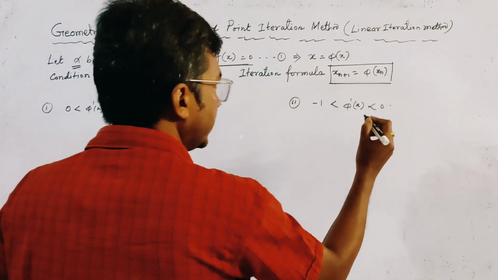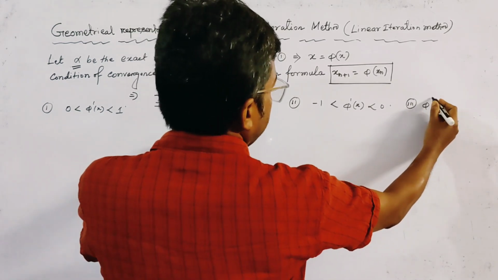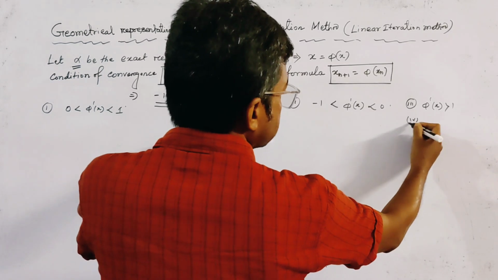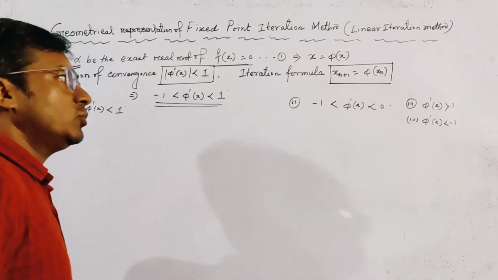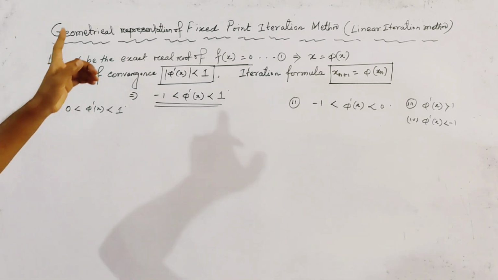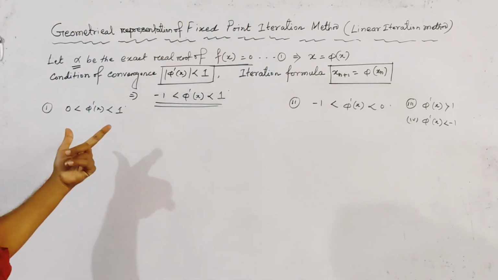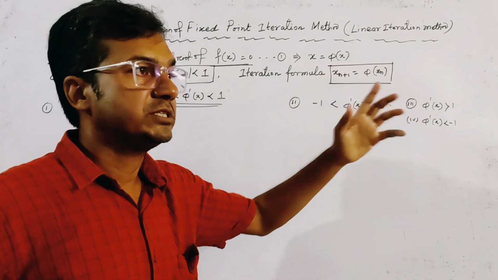Condition number 3 is phi'(x) > 1, and the fourth condition is phi'(x) < -1. And we discuss the fixed point iteration method geometrically in 4 different cases. The first case is this, second is this, and third, fourth is this.